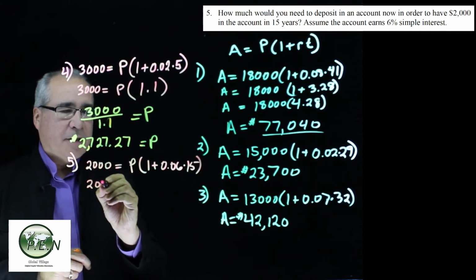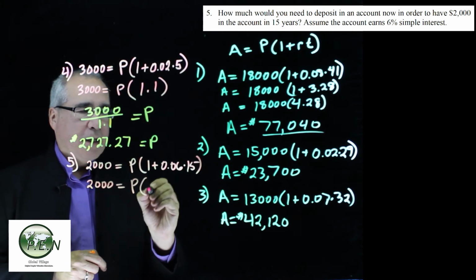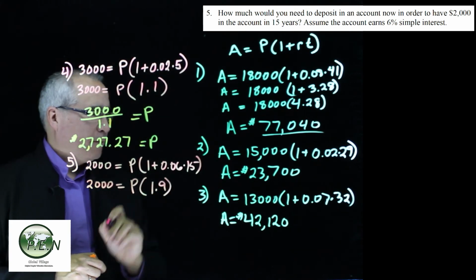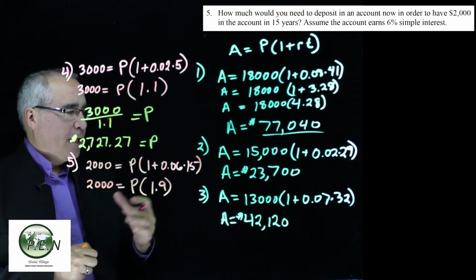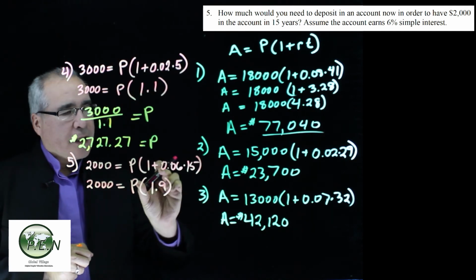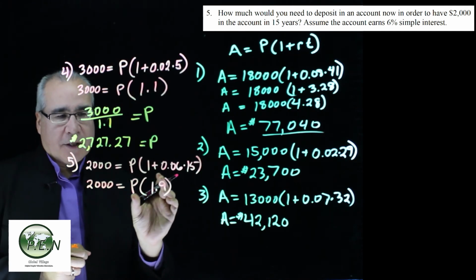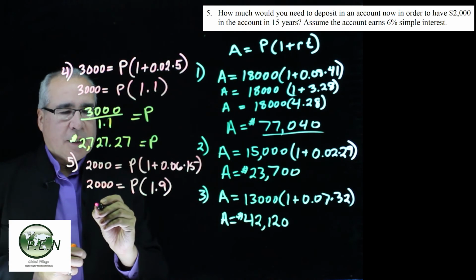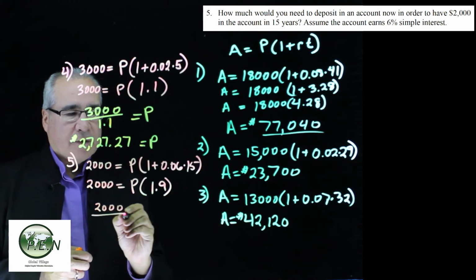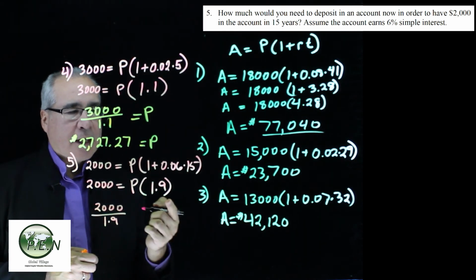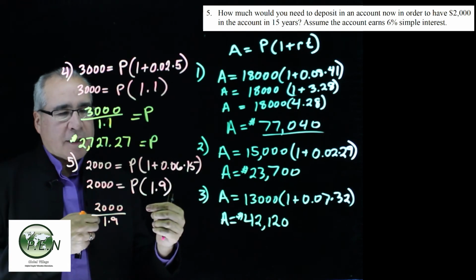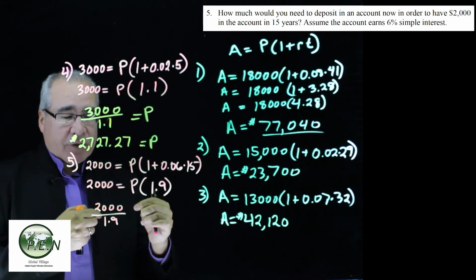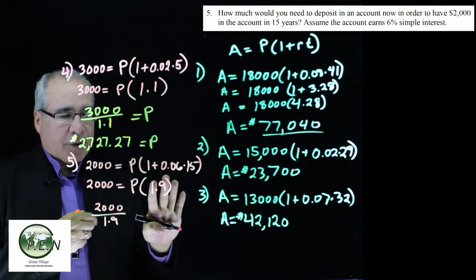So we get 2,000 equals P times 1.9. There we are. And again, since we can't multiply, the opposite of multiplication, the inverse, is division. So we take our 2,000 divided by 1.9. Now in algebra class you may have learned divide both sides by 1.9. And that's true. This cancels out. That's why it's going away.